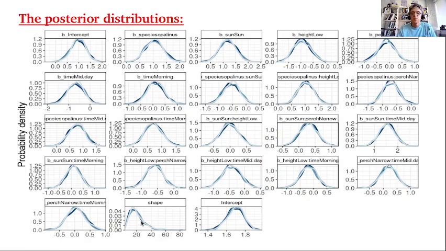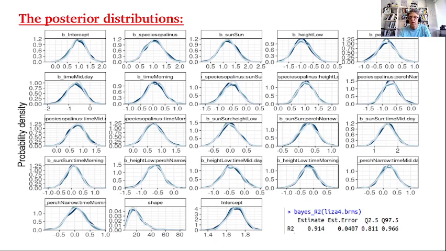The posterior distributions for all parameters for the three chains converge to a common posterior distribution, as suggested by the R hat coefficients. This model explains 91.4% of the variation of the response variable, which is extremely good.